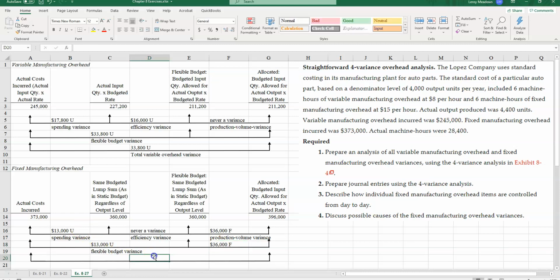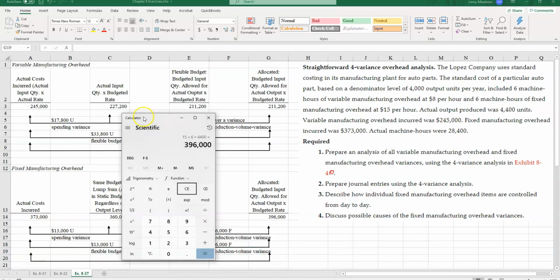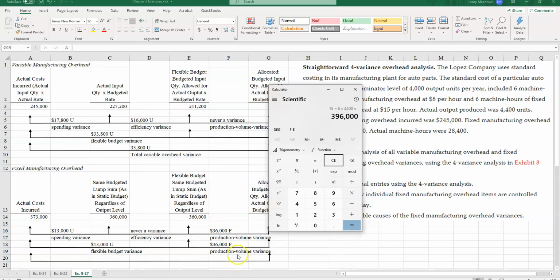When I net these two, what do I get? Since one's favorable and one's not, I take the larger one that's favorable, $36,000, minus the $13,000 unfavorable.